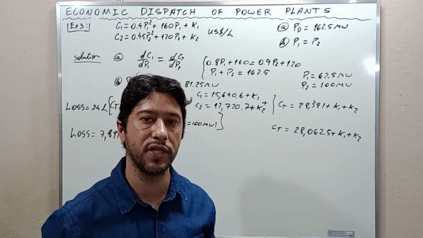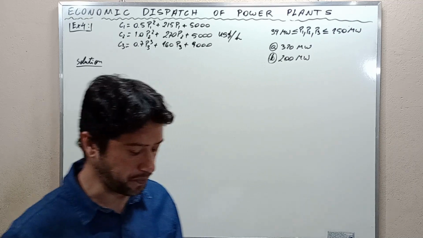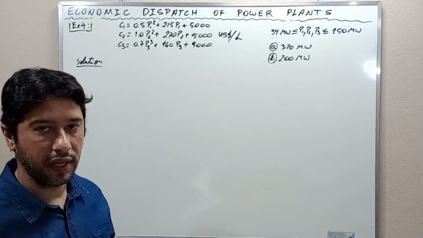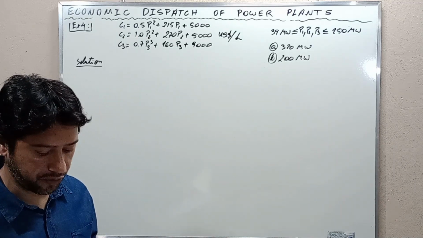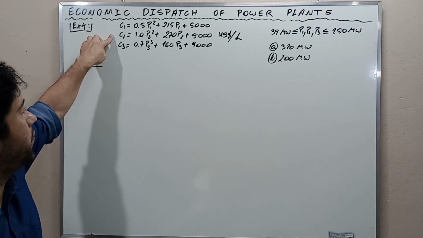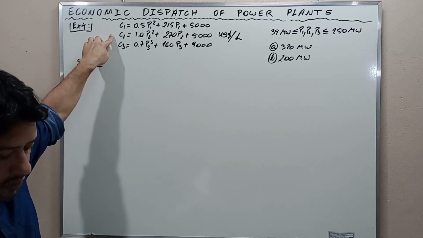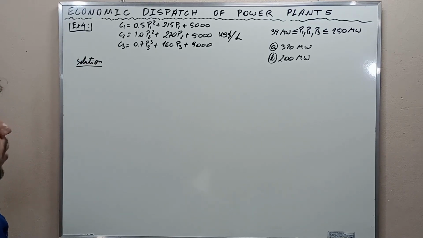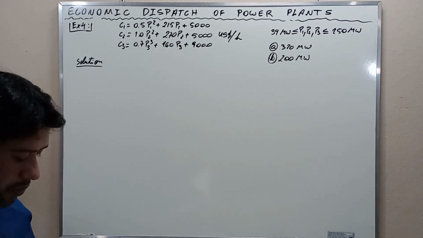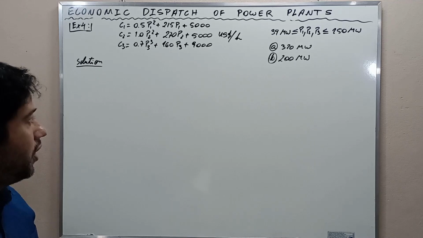Let's go to exercise 4 now. Exercise number 4. A power plant has 3 generating units with the following cost characteristics. These are the cost characteristics of the generating units, in which P1, P2, and P3 are the output powers of the generating units in megawatts.